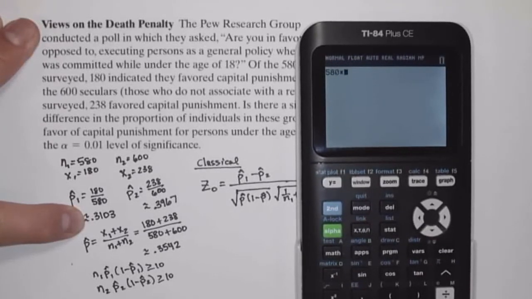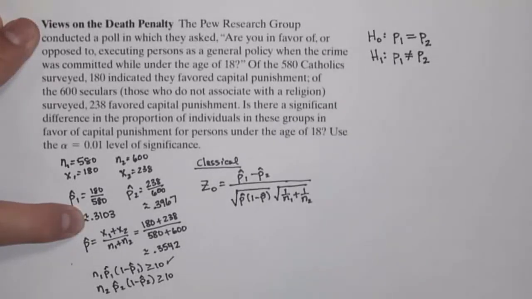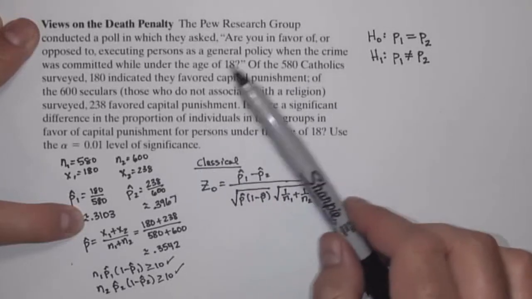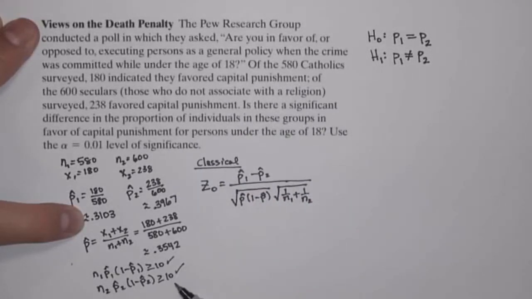So if I take 580 times 0.3103 times 1 minus 0.3103, that is equal to 124, which is certainly bigger than 10. So we meet that condition. And if I take 600 times 0.3967 times 1 minus 0.3967, that is 143.597, so we also meet that condition. So we have independence, and we meet this condition.